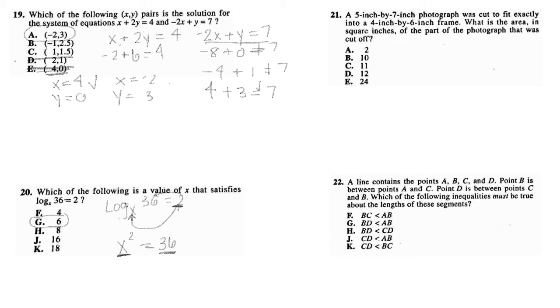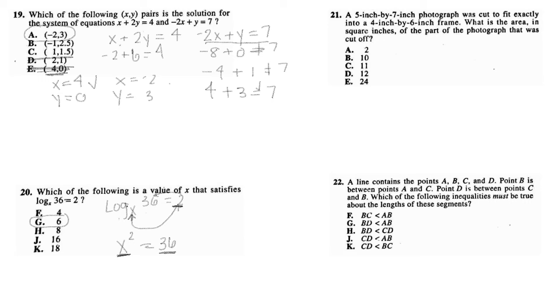Okay, now let's look at 21. A 5 by 7 inch photograph was cut to fit exactly into a 4 by 6 frame. What is the area in square inches of the part of the photograph that was cut off? Well, you have a couple of ways you could do this.